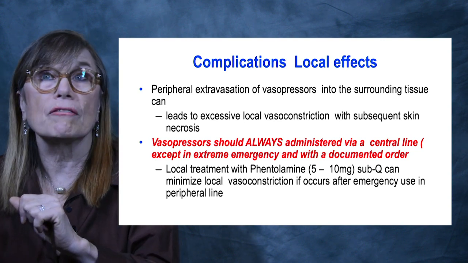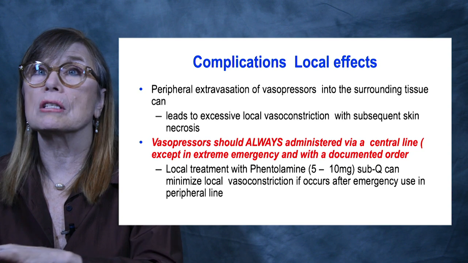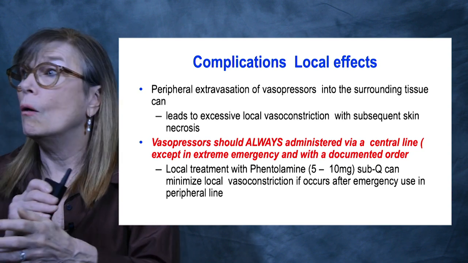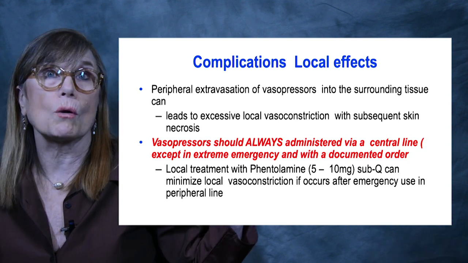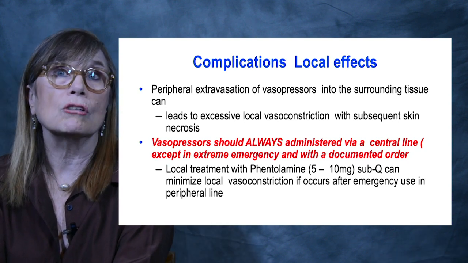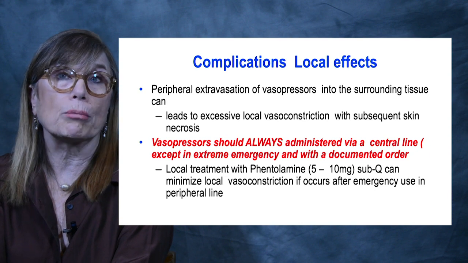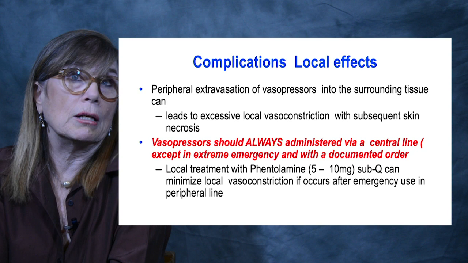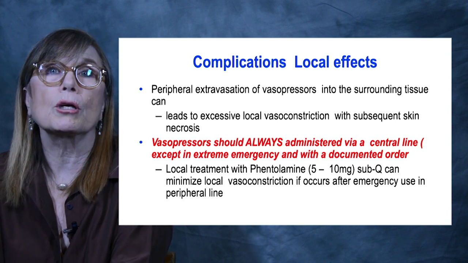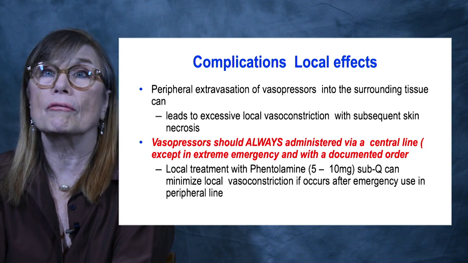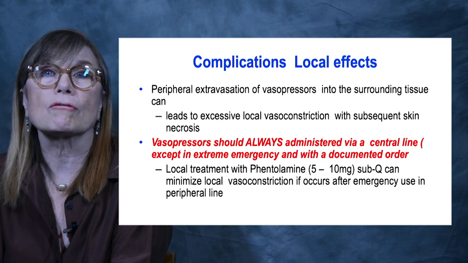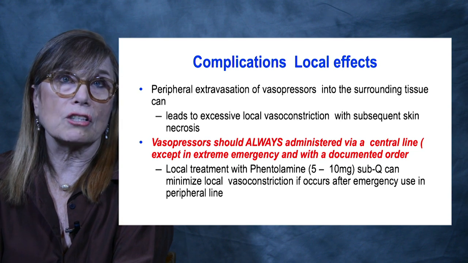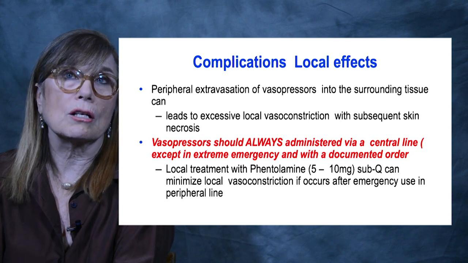Peripheral extravasation of vasopressors into surrounding tissue causes very profound and excessive local vasoconstriction, which means that distal to those vessels you have no blood flow and you will have skin necrosis and profound perfusion loss. So remember, we can use phenylephrine, that's the local treatment in general, 5 to 10 milligrams sub-Q around that area, minimizing local vasoconstriction if it occurs after emergency use in a peripheral line. But above everything else, work to get a central line.